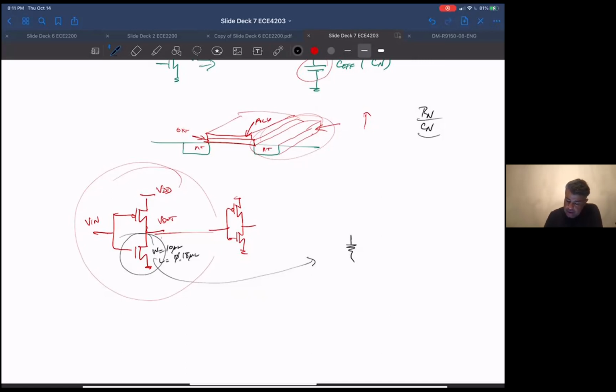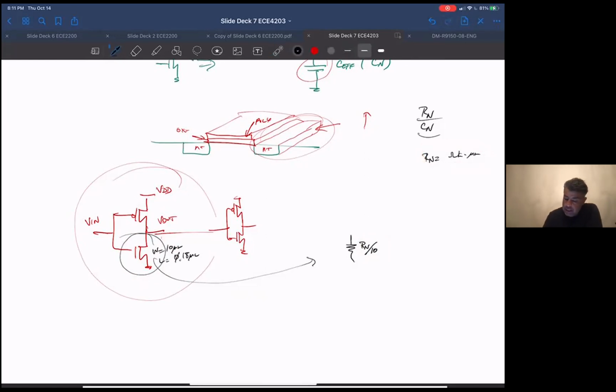Okay, so here, this resistor value would be R sub n divided by 10. Everybody with me? Remember, R sub n is given in terms of kilo ohms times micron. So if my transistor here is 10 microns wide, it's going to have 1/10 the resistance of a 1 micron wide device.